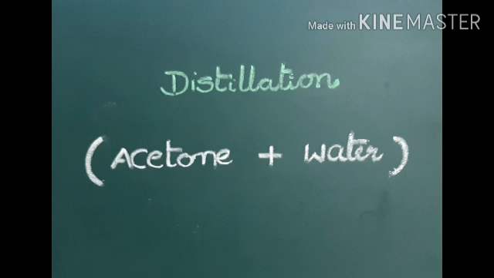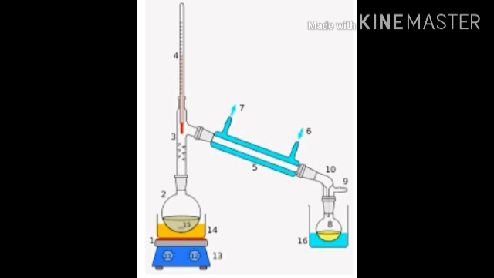So for this one, I have taken the mixture, that is acetone and water. How we can separate? First, we have taken acetone and water in a distillation flask. Arrange the apparatus. What we are showing the visuals or images. Heat the mixture slowly and also observe the reading of thermometer.